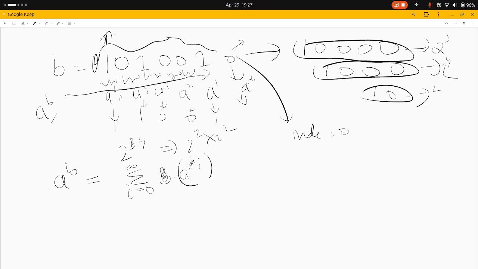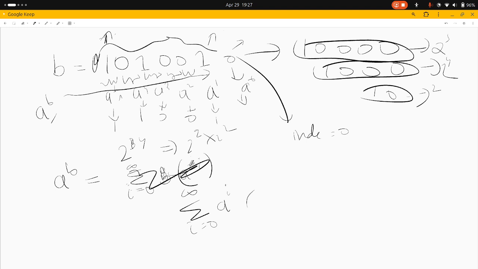Then we have to multiply this one with, sorry, my task is here. So then what I have to do is add these things. This one will be a power i.